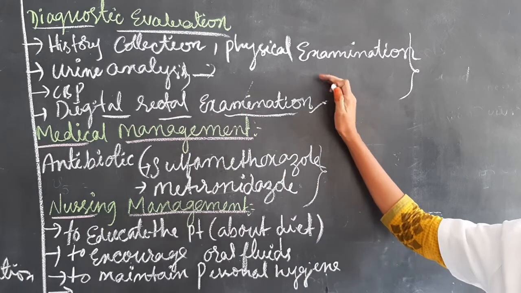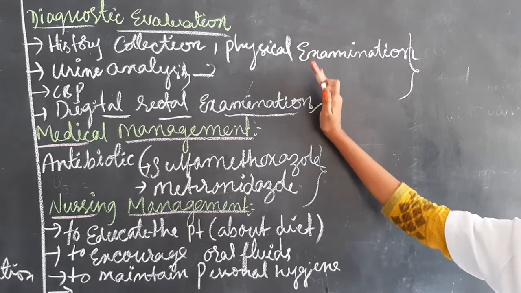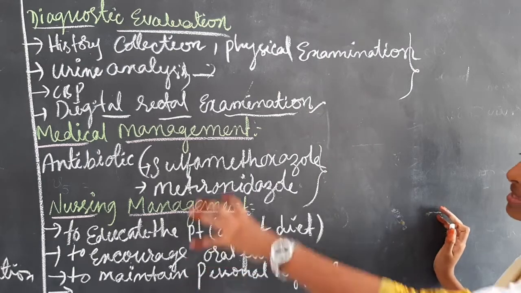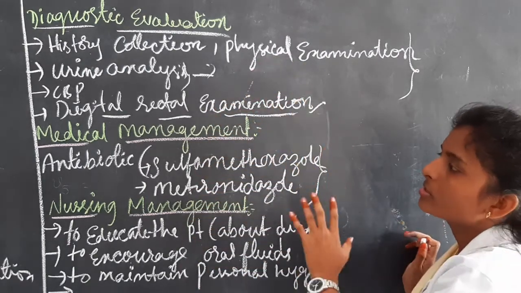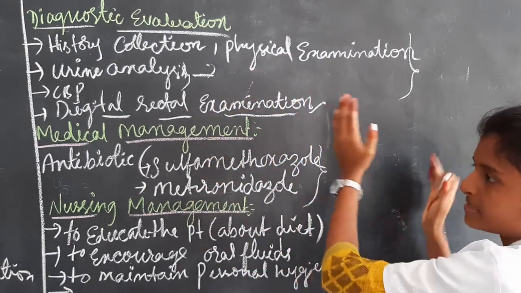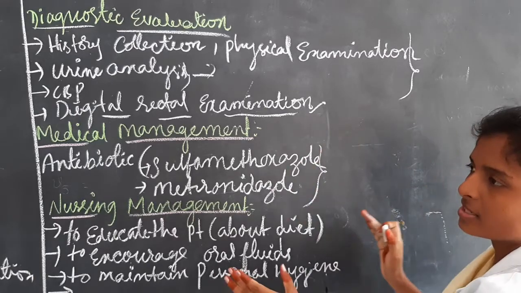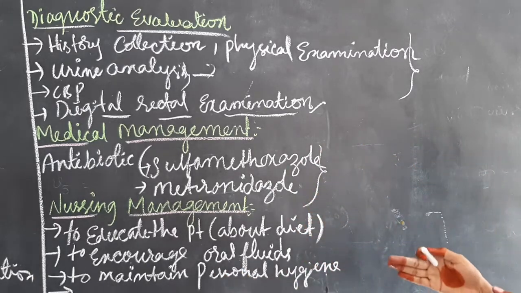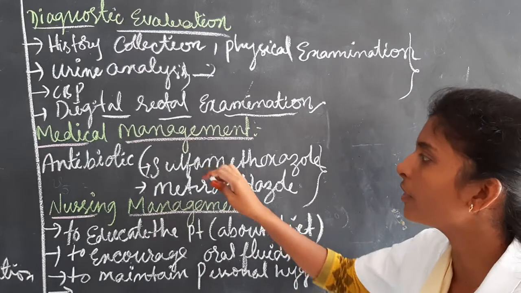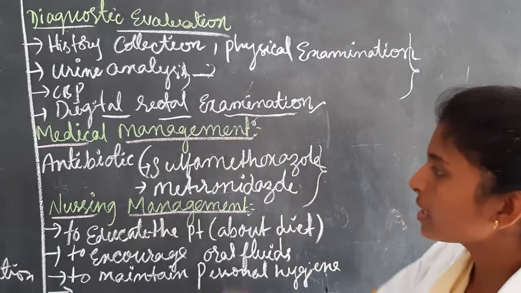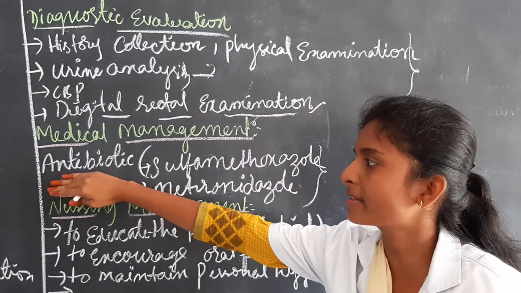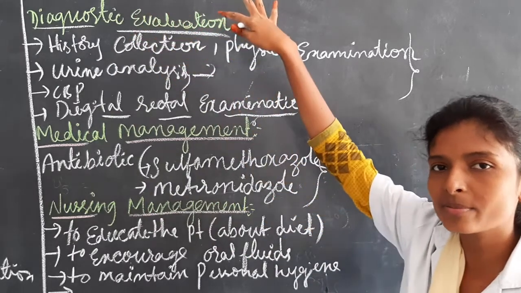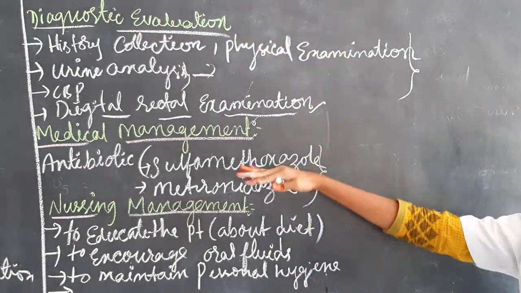So next thing, after seeing this diagnostic evaluation, by seeing the microorganisms, depending on which is susceptible for this condition, the doctor will go for medical management. In medical management, antibiotic therapy. Depending on the microorganisms, they will advise the medicine.